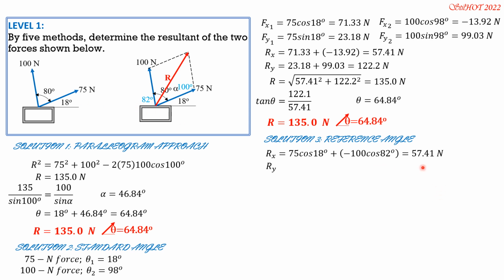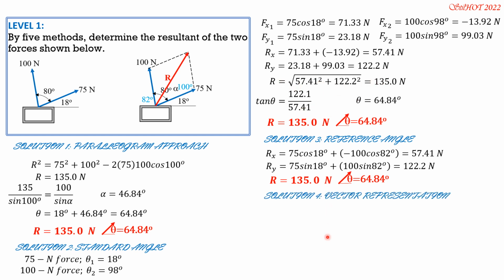Ry, on the other hand, is 75 sine of 18, then positive also 100 sine of 82 because the 100 is pointed upward. So it's the same, therefore the answer would be the same, similar to solution number 2. So there's no need to proceed with the same calculations.